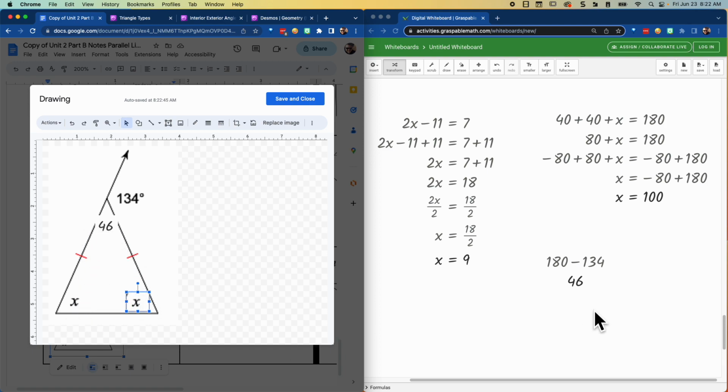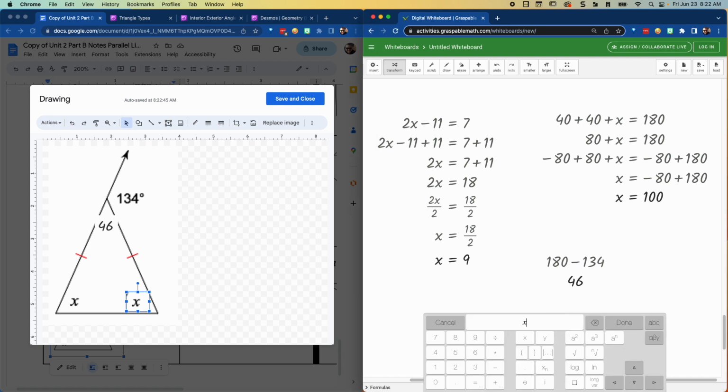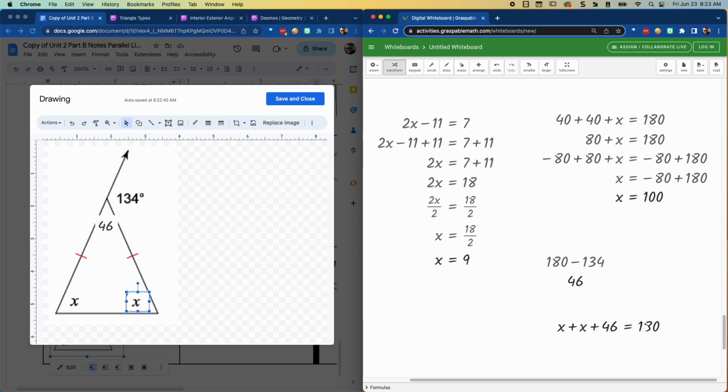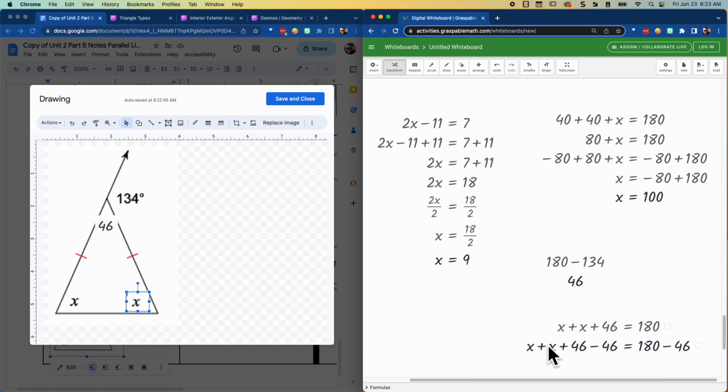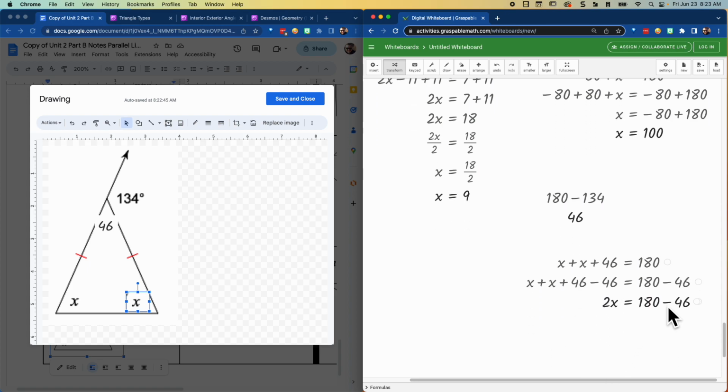Now I have three angles inside a triangle. And those three angles are going to be x plus x plus 46 equals 180. So I could subtract 46 from both sides, and I can also combine these x's. So I got 2x equals 134.